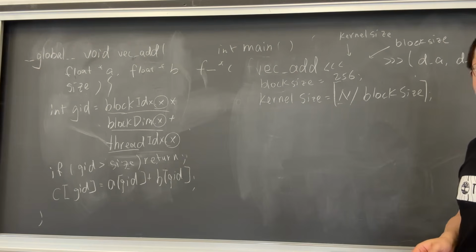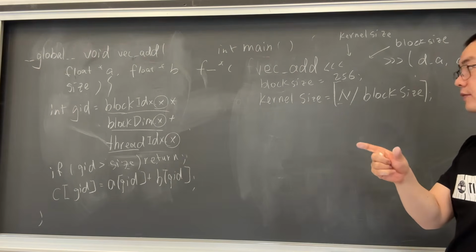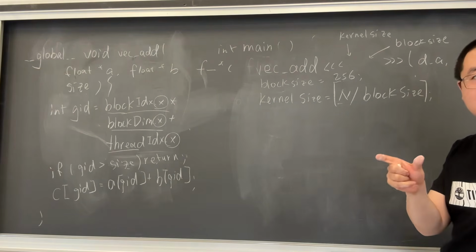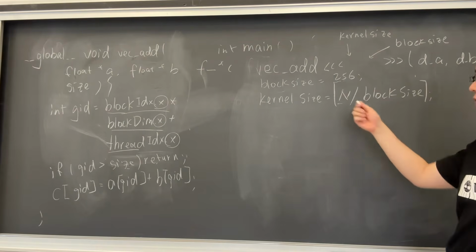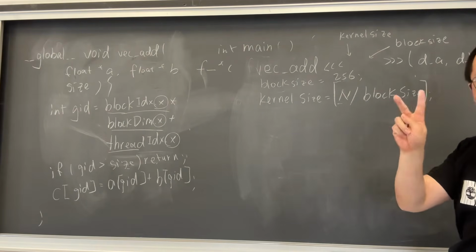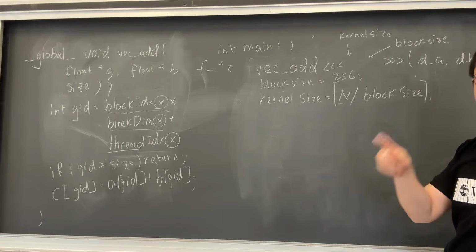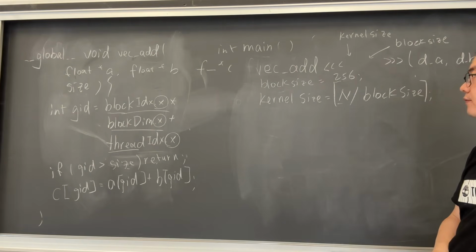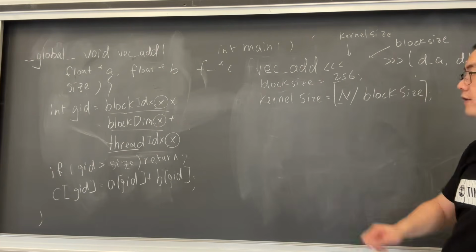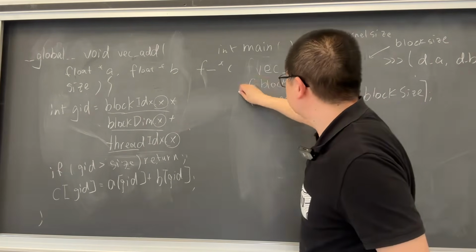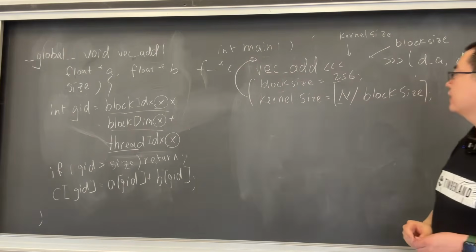Then you always want the leftover 44 to be taken care of. In that case, you always want to round up. Otherwise you won't have two blocks. One block is not enough. One block can only process 256 numbers. Okay, so of course, these two lines of code need to be called before vector add.